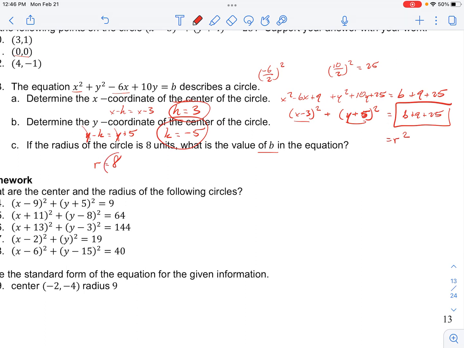And we know that r is 8, so r squared is equal to 64. So we know that setting 64 equal to this term here, so 64 is equal to b plus 9 plus 25, and solving for b, we know that b would be equal to 30.